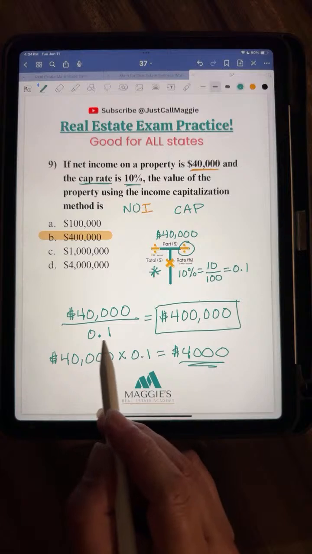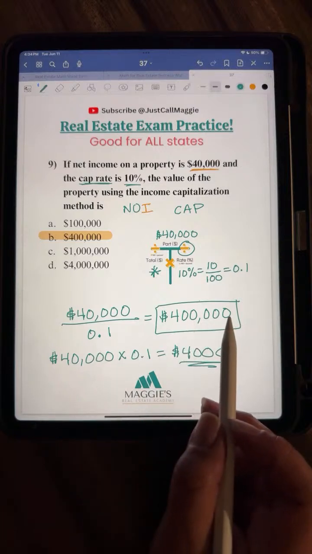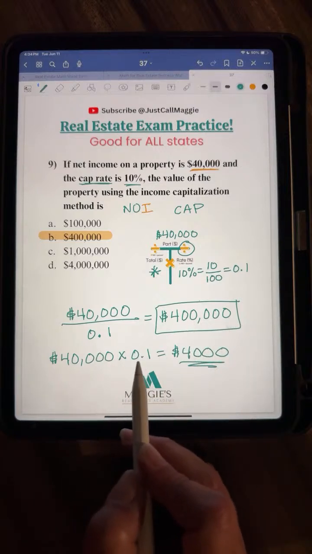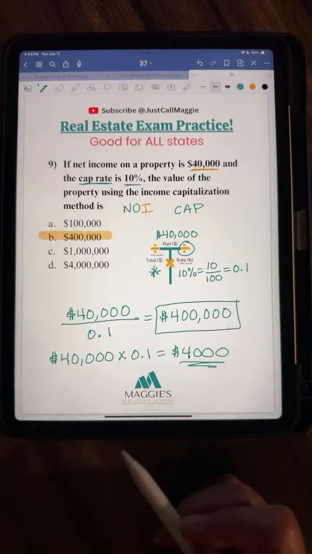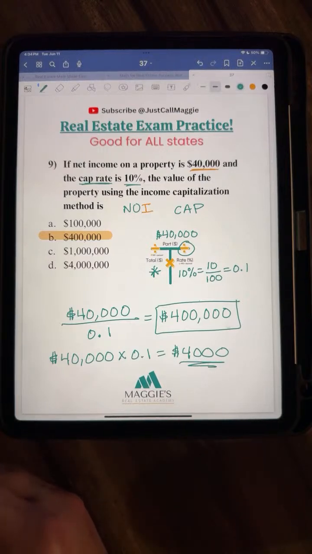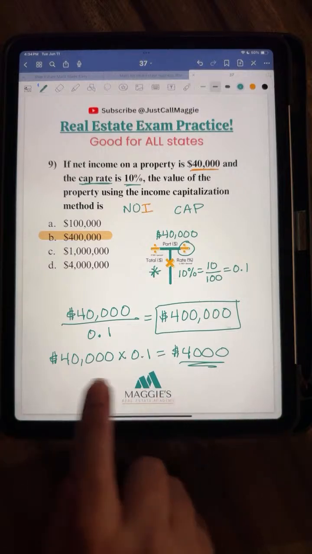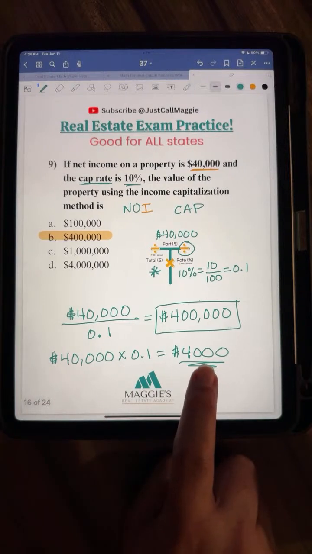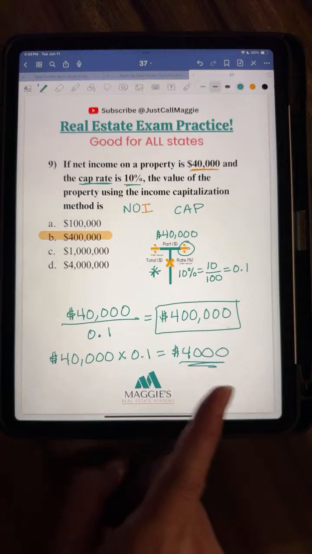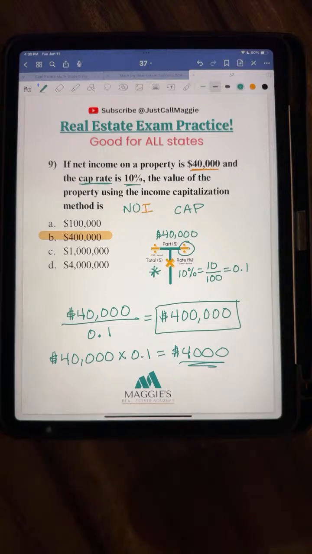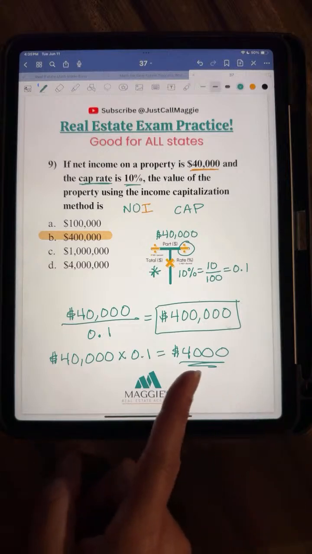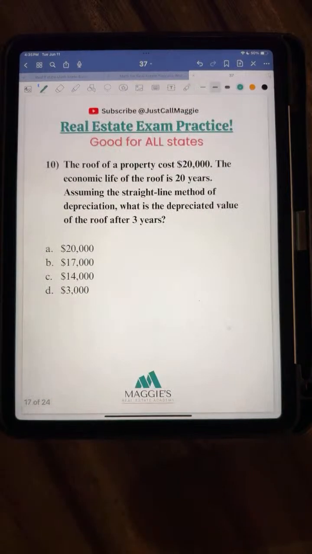When you divide by a small number, you get a bigger number. When you multiply by it, you get a smaller number. So just so that you understand number theory, sometimes that helps when you are looking at your exam and you're like, what? There's no way if you multiplied it, the value of the home would be $4,000. Think about it. Sometimes you got to look at the answer that you're getting and say, does this make sense? Okay. All right.